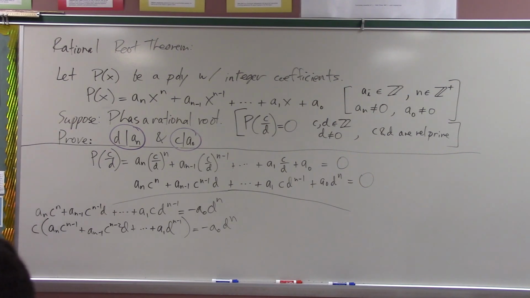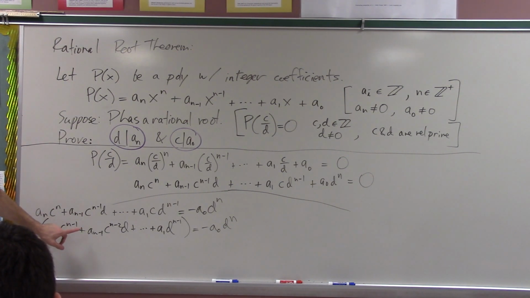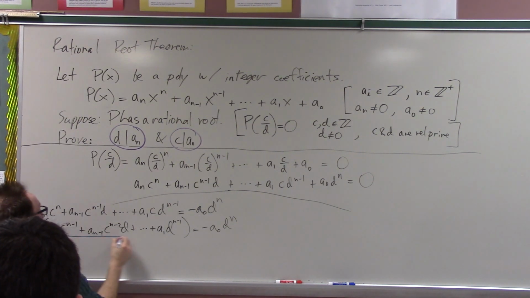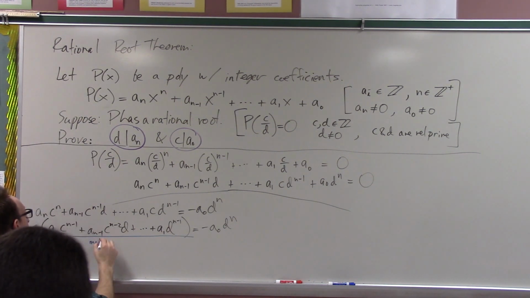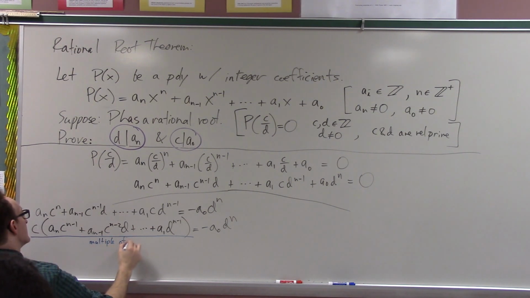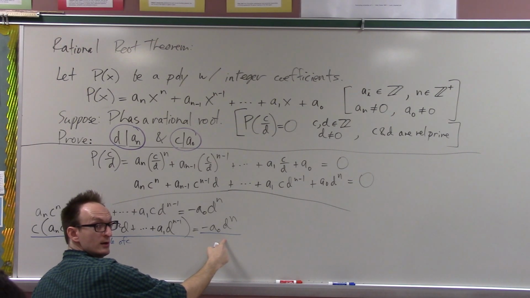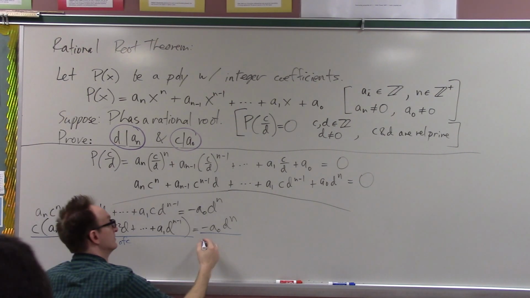So what I have is that this whole left side of the equation is a multiple of C. This whole left side of the equation is a multiple of C. And therefore, this side of the equation also is a multiple of C.